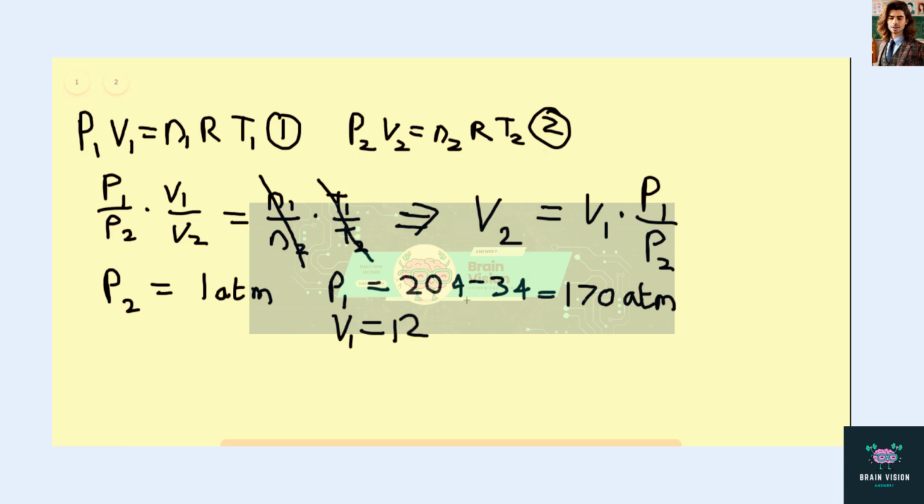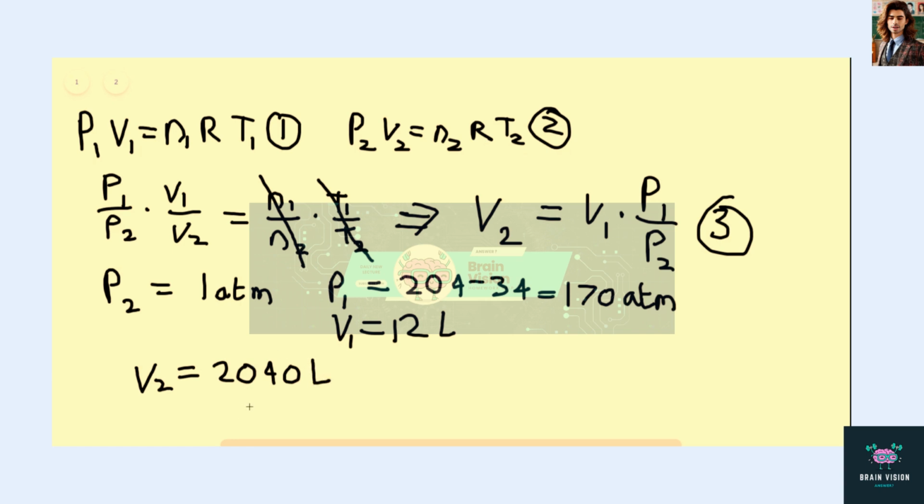So if we substitute in all those numbers into equation, let's call this 3, we get that V2 is equal to 2040 litres.